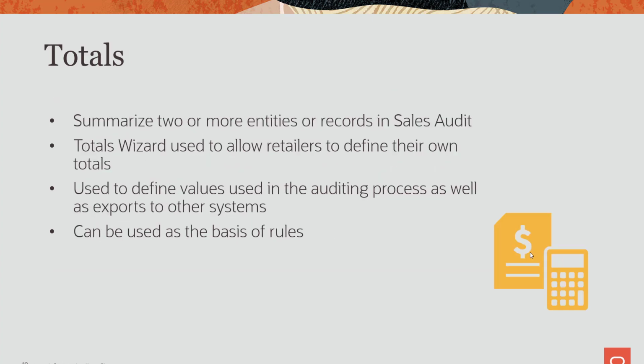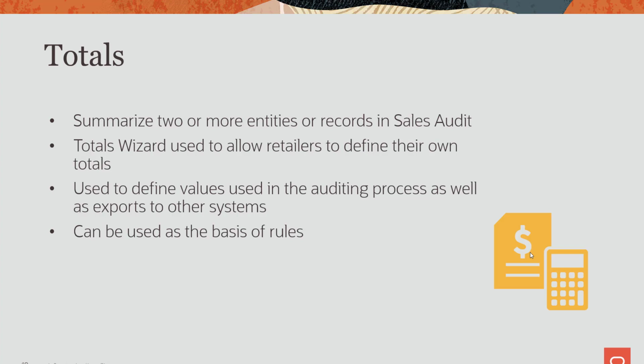Another key concept in Sales Audit are totals, which are summation or counts of two or more records that are imported into Sales Audit. The totals calculation definition wizard helps to define the totals used in the auditing process and that are exported to other systems.